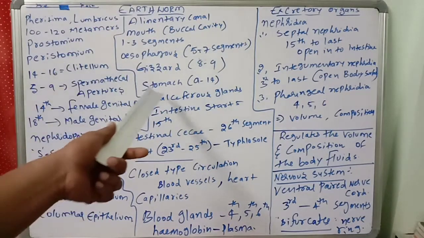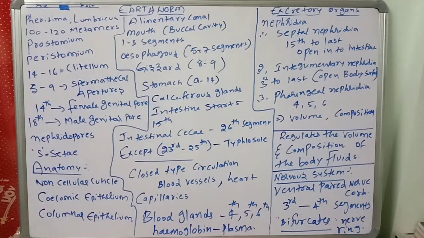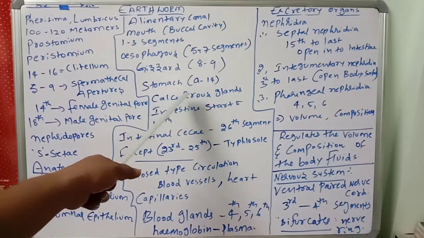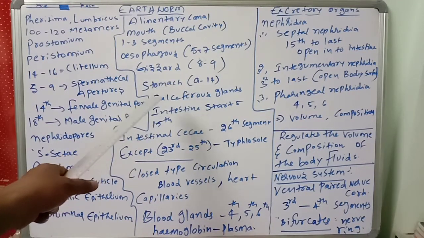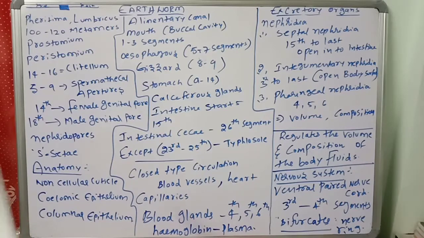Stomach 9 to 14, with calciferous glands for neutralizing the acid. Intestine starts at 15th. Intestinal caecum 26th segment. Except the 23rd and 25th, there is a typhlosole. What is the use of the typhlosole? It absorbs the digested food.